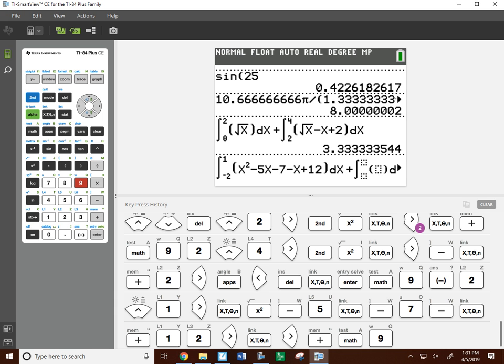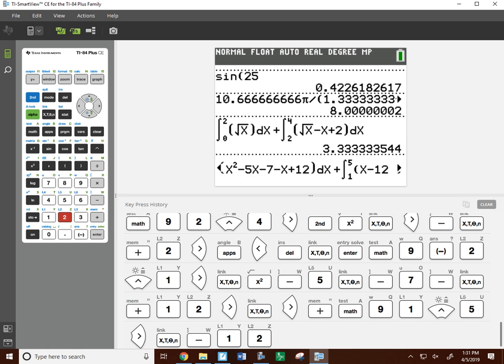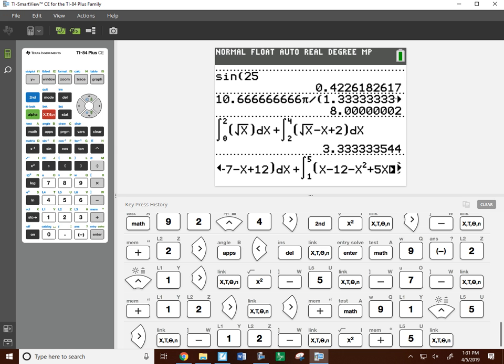Plus another one, this one's from 1 to 5. We're going to start with, I believe, the line first, x minus 12, minus, and again, I'm just going to distribute the negative here. I could put in parentheses, I'm just going to distribute it. So it's minus x squared plus 5x plus 7.